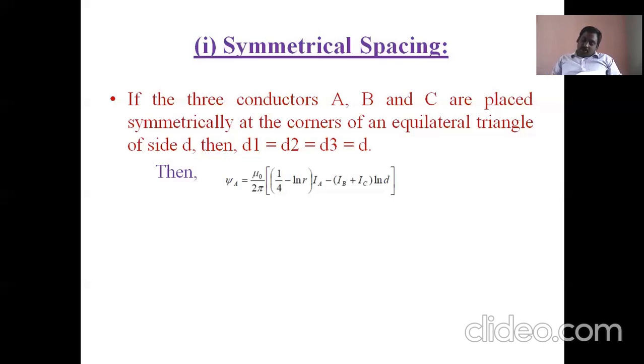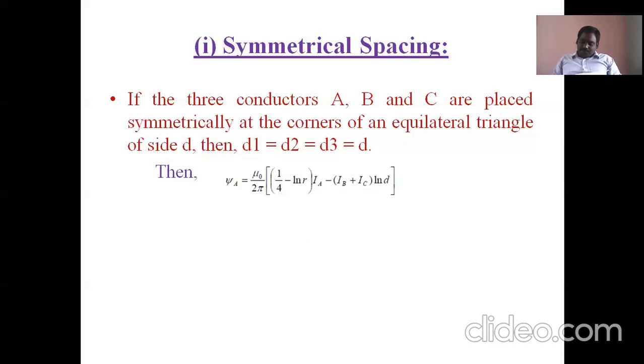If we remove 1/4 into Ib, removing it means these are internal flux linkages. With respect to a, we consider only the flux linkage of a from b and c. That's why the 1/4 term is internal flux, and internal flux is not necessary, so we can remove it here.